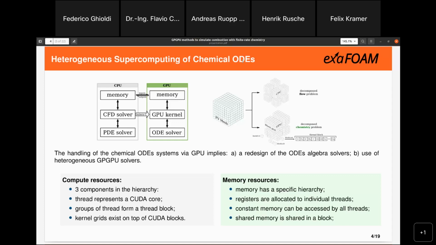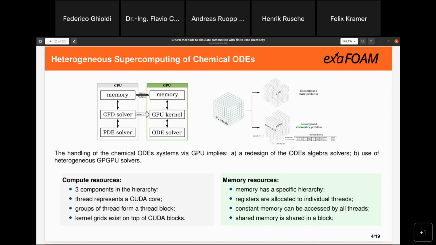And here, because we are relying on NVIDIA GPU cards, and the NVIDIA GPU cards are structured on the CUDA architecture, which is composed by 3 levels. So it has a hierarchy of 3 components: the grid, the blocks, and the threads. We exploit this architecture by producing a 2-level parallelization for the GPU, okay? And so for the solution of the ODEs.